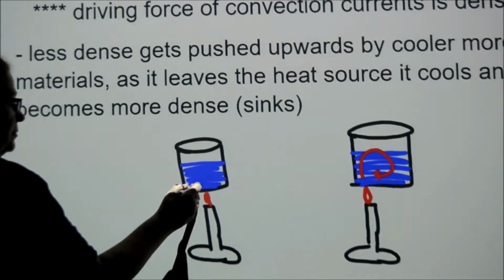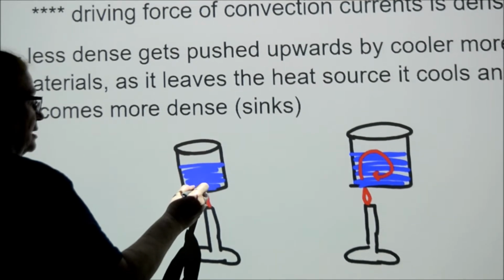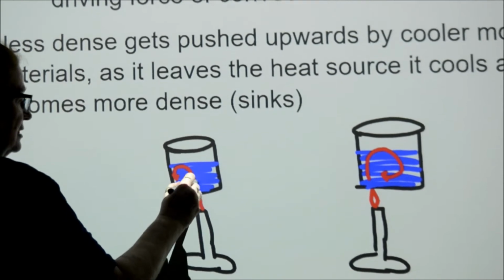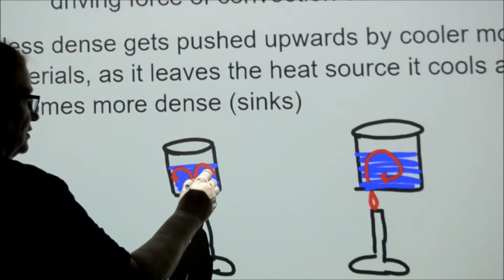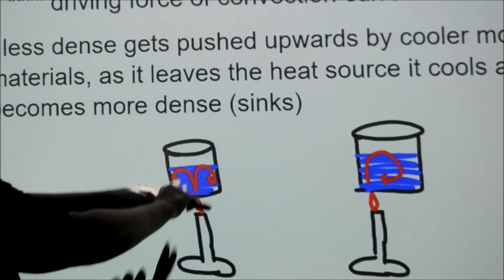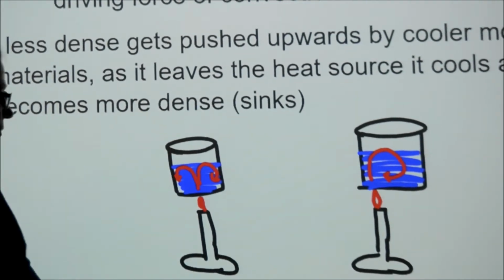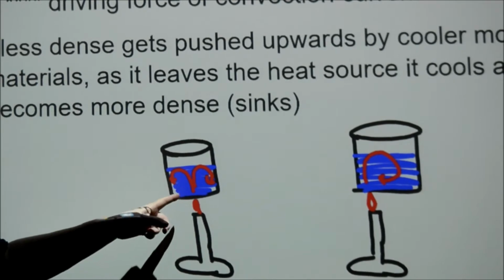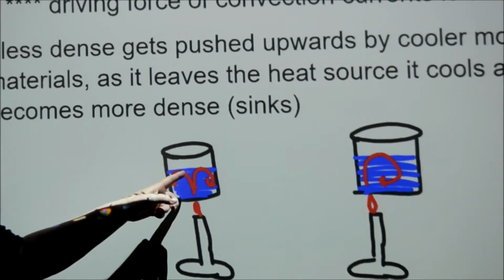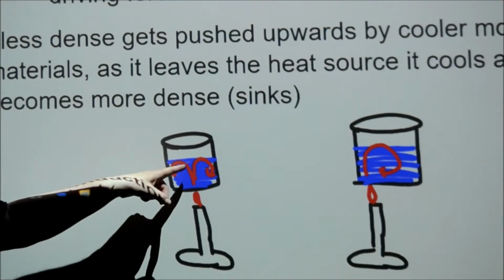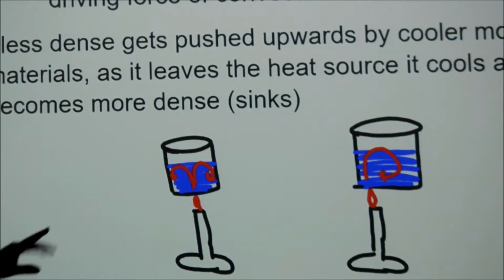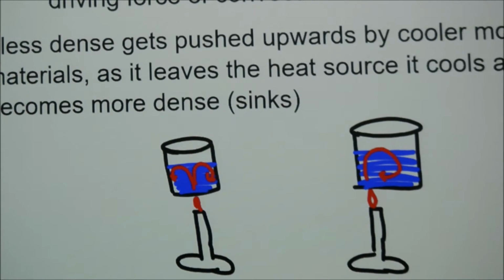I'm heating up, so this is my heat source, becomes less dense, it's going to curve and go out that way. This one's going to curve and go this way. So I get 2 going this way. So wherever my heat source is, that's where it's going to get warmer. That's going to cause that to get pushed upwards. Once it's left the heat source, it gets cooler and it falls back down. Alright, so that's going to be my convection.